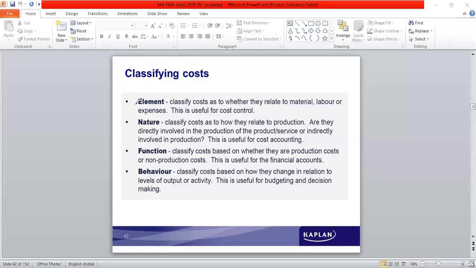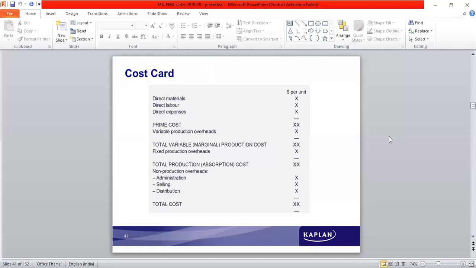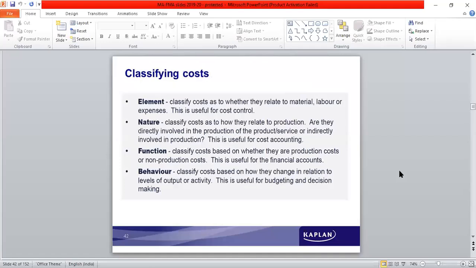All direct expenses added together, we call them prime cost. All the indirect expenses together are called overheads. Then overheads are again looked into as production, administration, selling, and distribution.